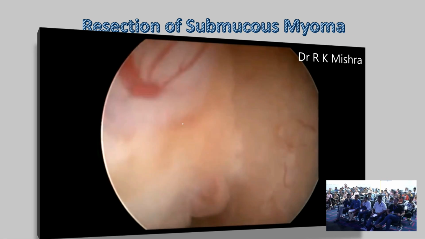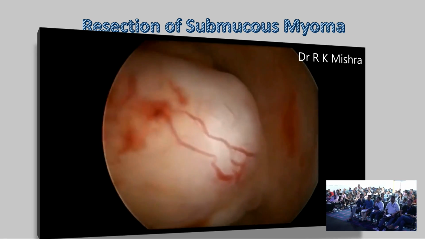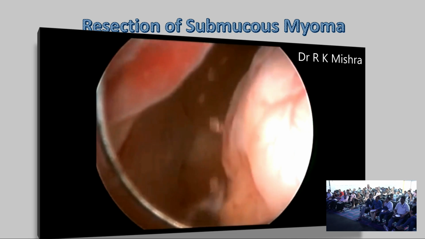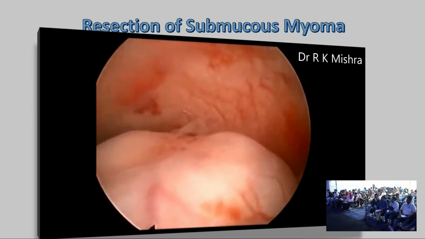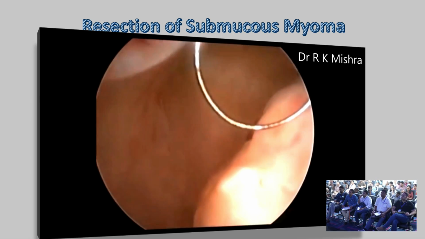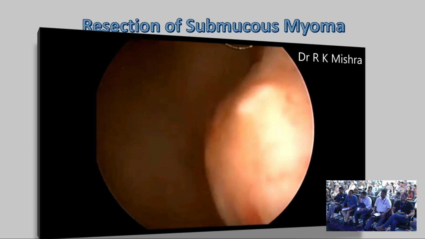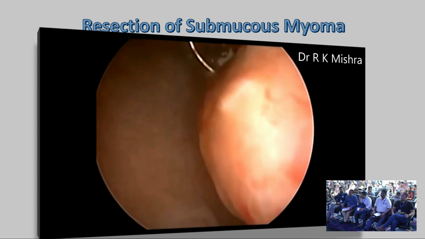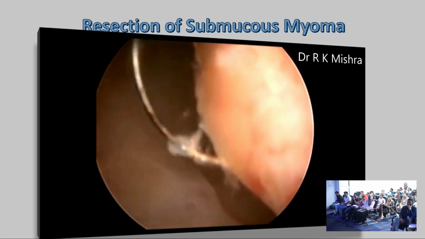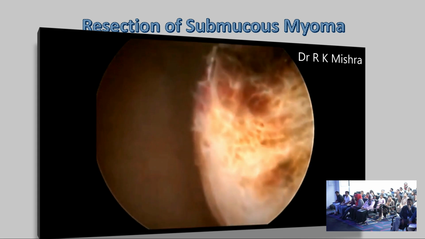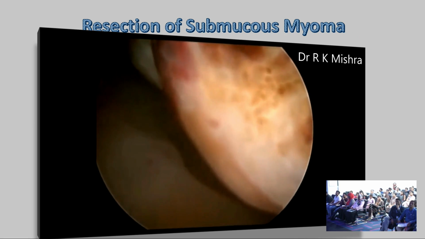So first you have to do a diagnostic to know the boundaries of the myoma, and this is the loop electrode. Go distal to the myoma and hook, look and cook. You will catch it and zzz, cut. Again you go, again hook, zzz, cut.